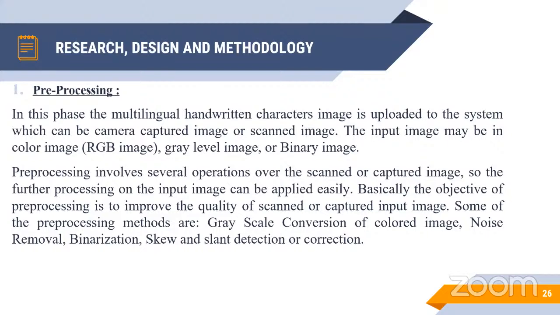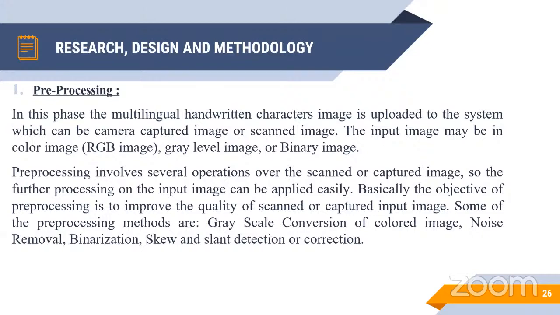First one is the pre-processing stage. In this phase, the multi-year handwritten character image is uploaded to the system, which can be a camera-captured image or a scanned image. Either way, it is the input image.